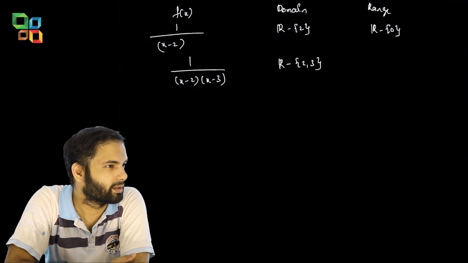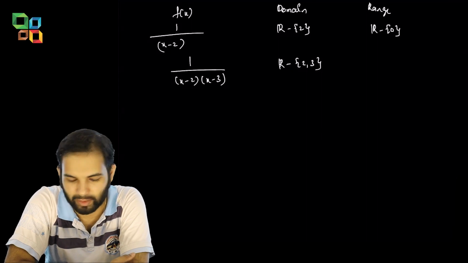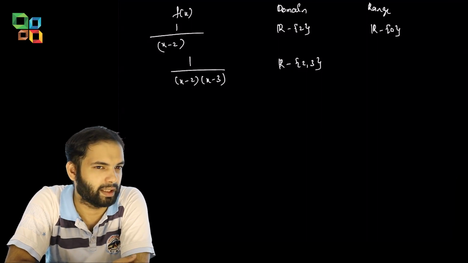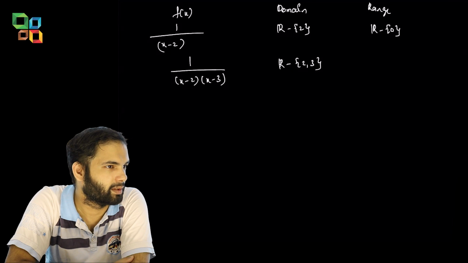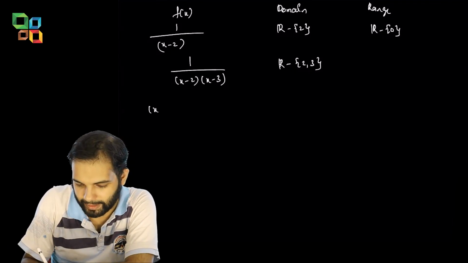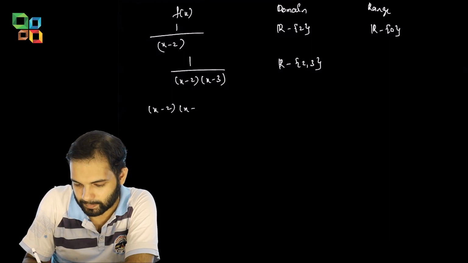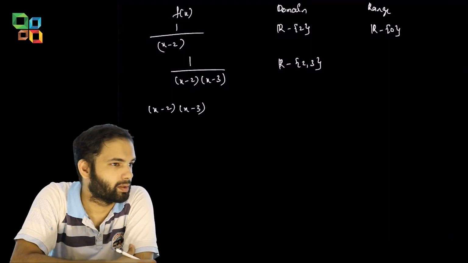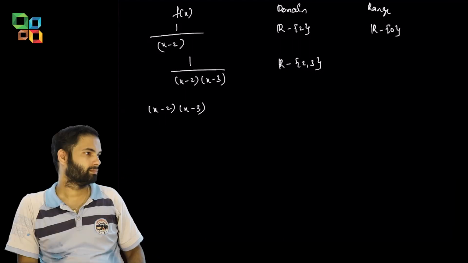Yes. You have studied in 9th? Okay. Can you figure out the range? Let's try. First, try to figure out the range of only x minus 2 into x minus 3. If you can figure that out, then we'll see 1 by that.